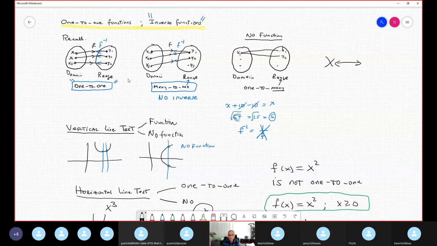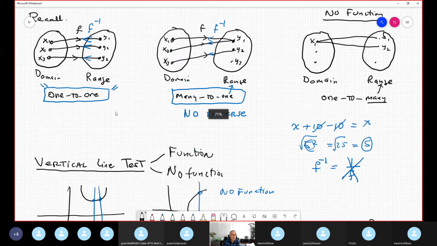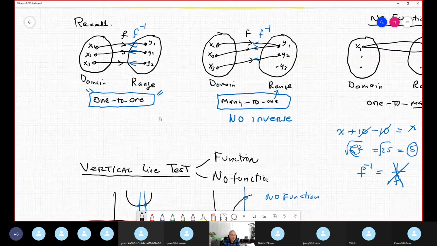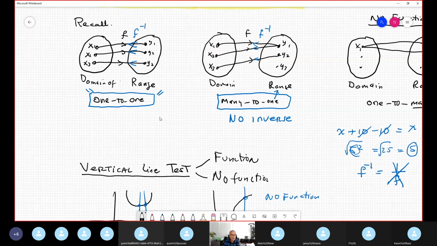Interchange. So, for example, this is the domain. Let me zoom to see that part. This is the domain of f. And this is the range of f.